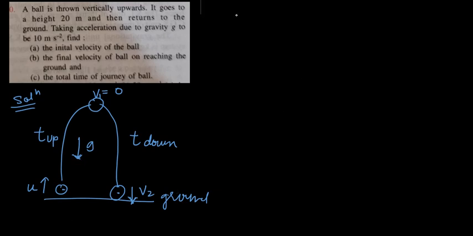So taking down the information they have given, the height is 20 meters, and acceleration due to gravity is 10 meter per second squared. Now how do we proceed? The first thing that we need is the initial velocity. So I'm using the condition that when the ball reaches the topmost point, its velocity will be 0.